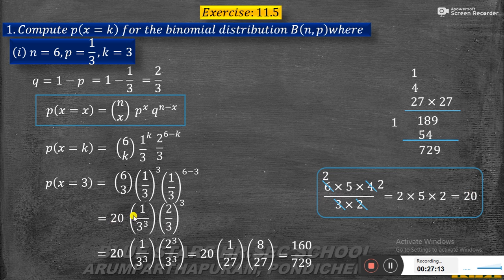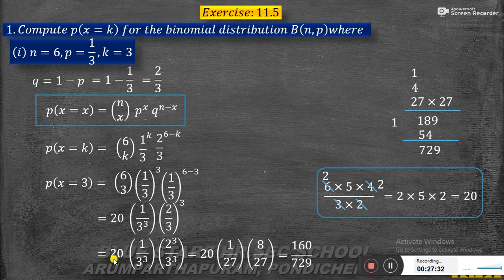I substitute 20. Next 1 by 3 whole power 3, and next 2 by 3, here in the numerator 2 will come. 2 by 3 whole power 6 minus 3 means 2 by 3 whole power 3.